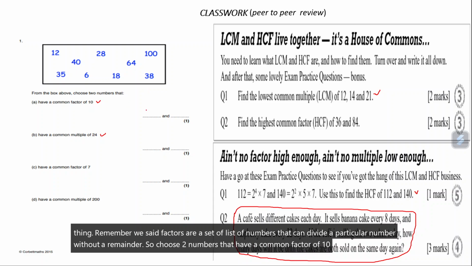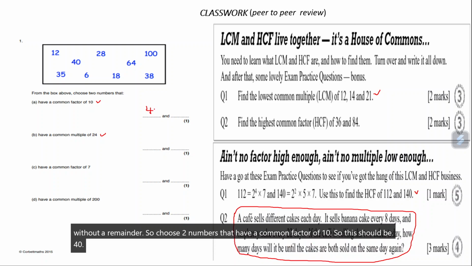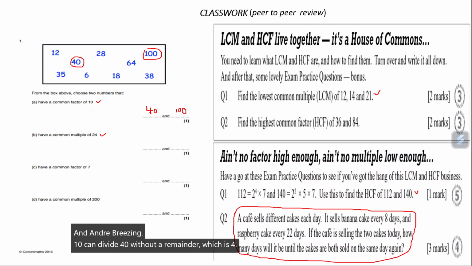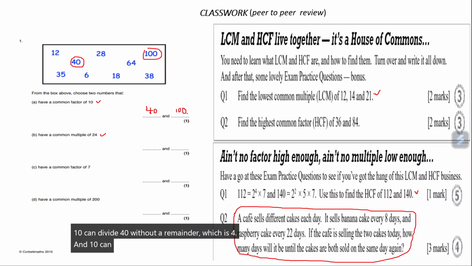So this should be 40 and 100. Reason, 10 can divide 40 without a remainder, which is 4. And 10 can divide 100, which is 10. So these two numbers are correct.